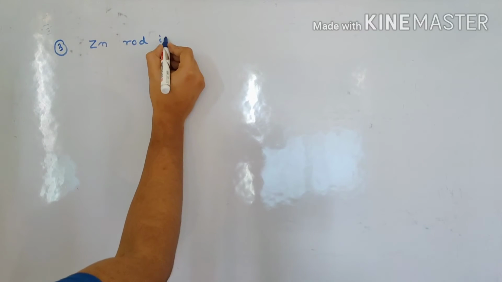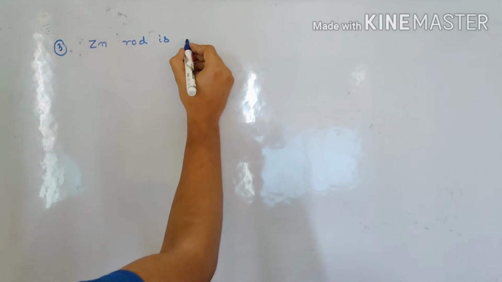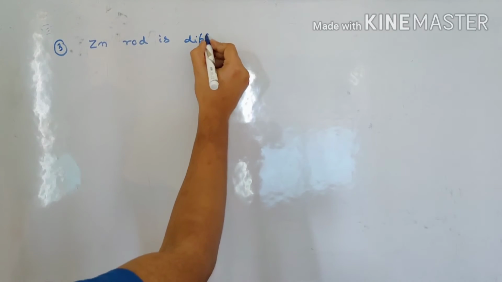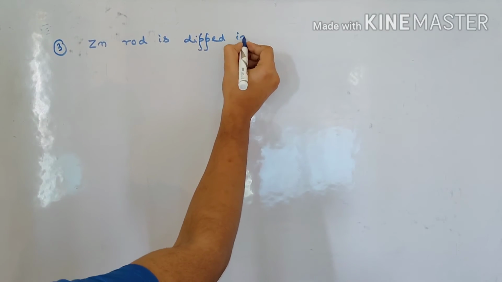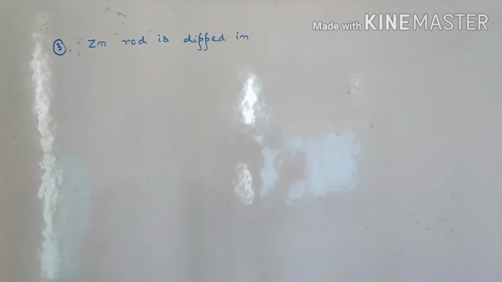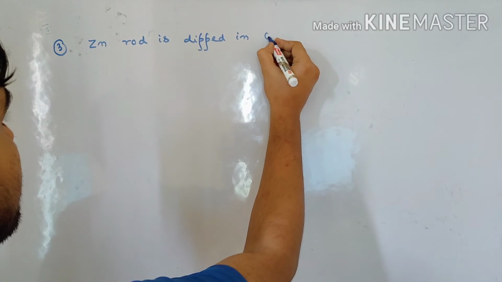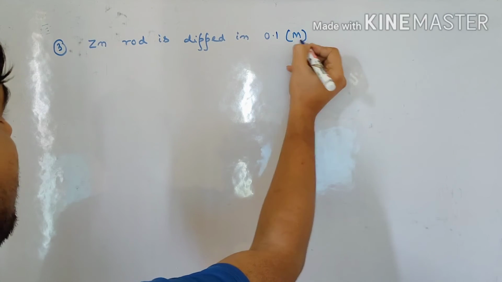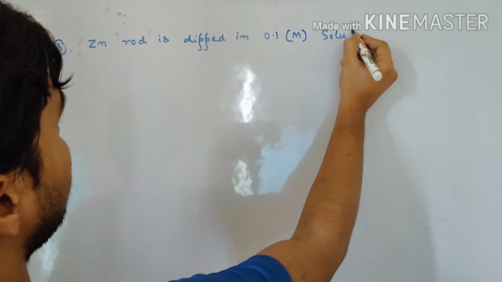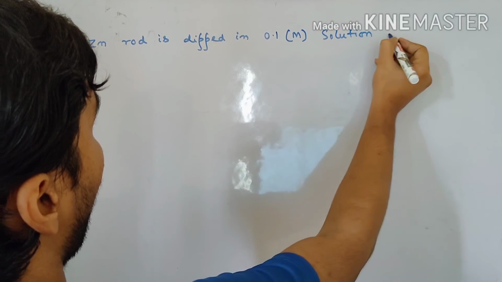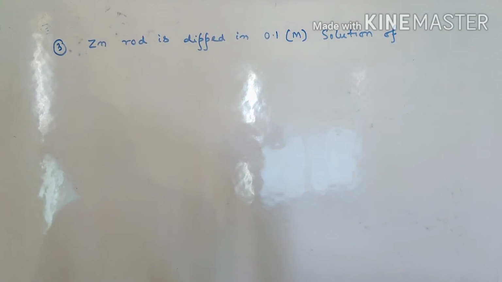A zinc rod is dipped in 0.1 molar solution of zinc sulfate.